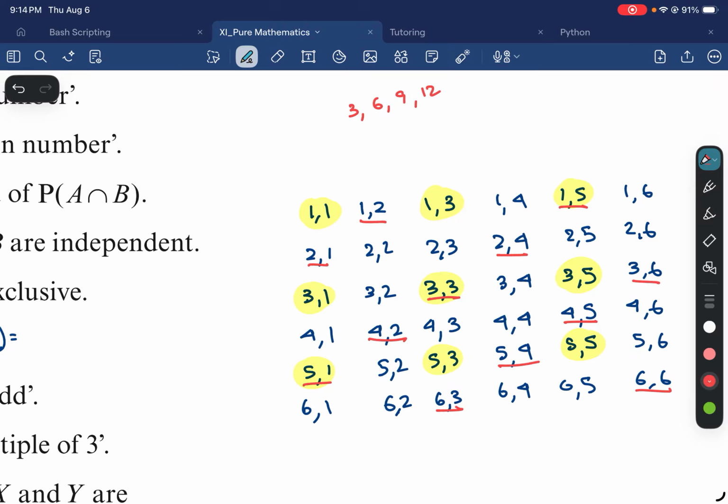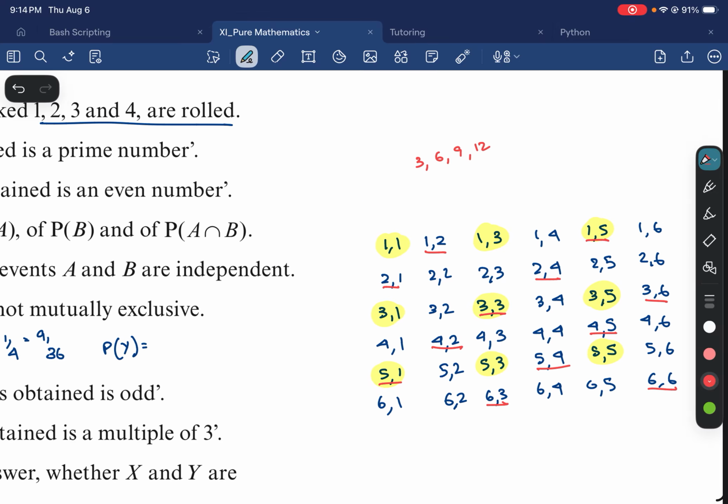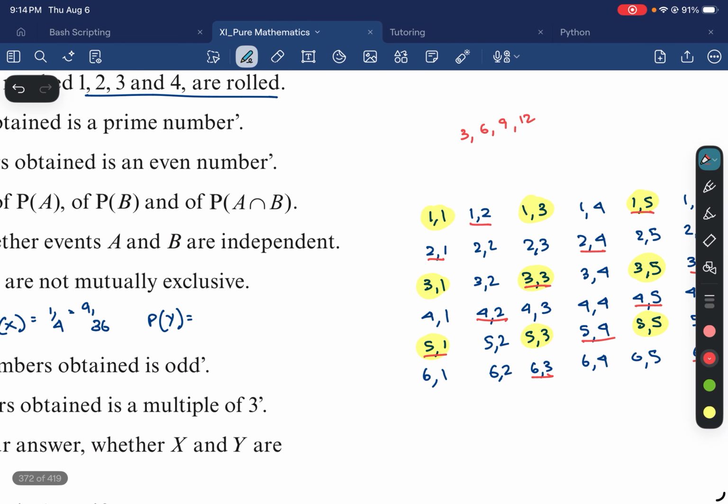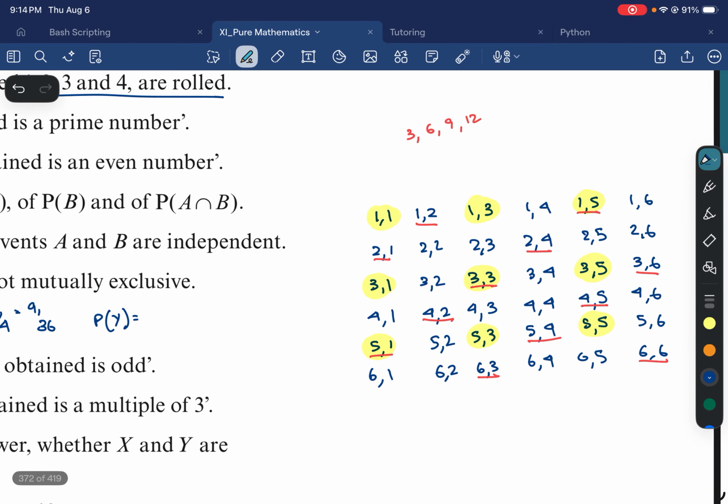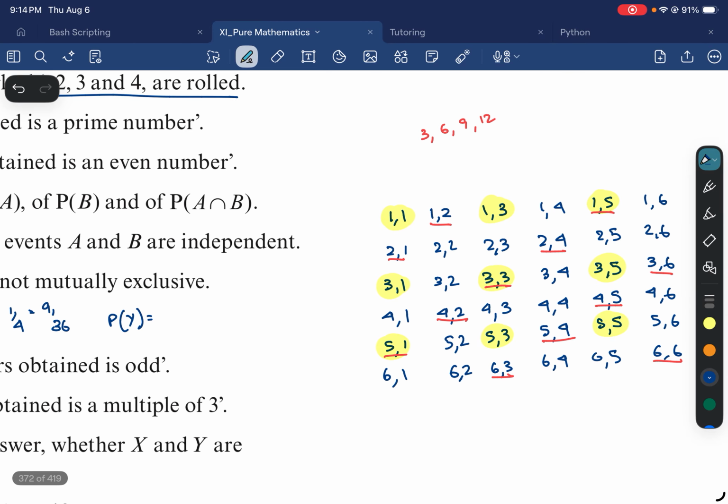And 4 plus 2 works because that is 6. And I think that is all, right? So you have 2 pairs for every line. So basically the probability is going to be 2 pairs per line. You have 6 lines, so that is 12 over 36. That is 1 over 3. All right.